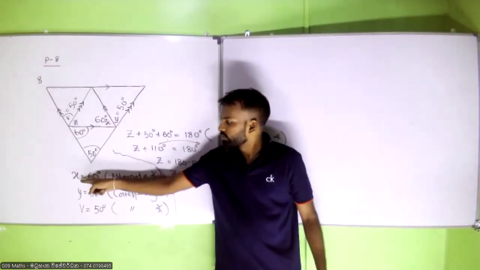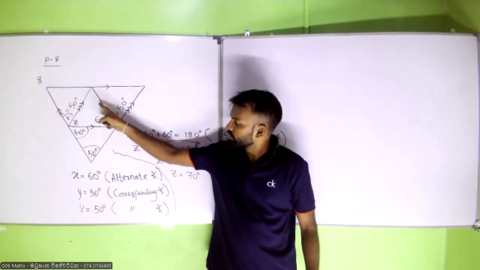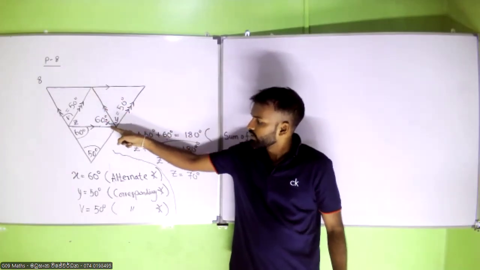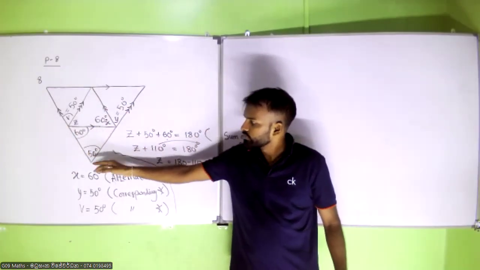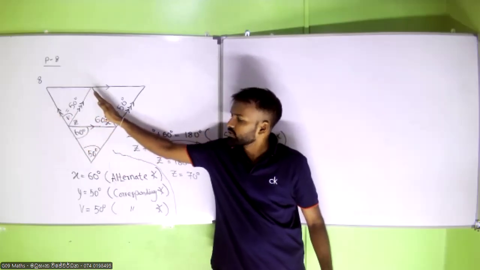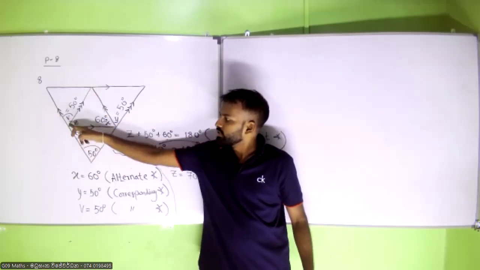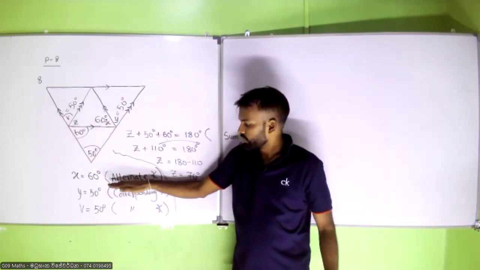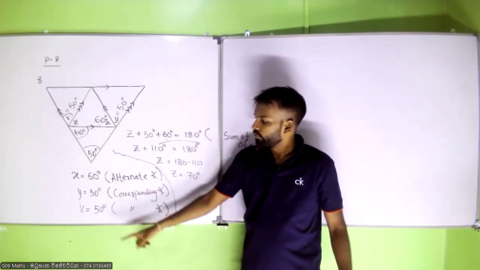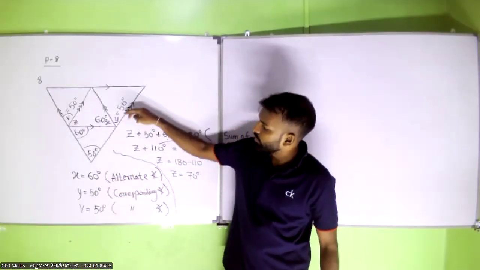Right? X equals 60. Is it that this line is parallel to this line? Make a transversal. This is the transversal. X equals 60. Y equals 50. Why is that?